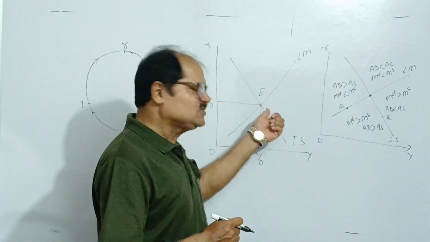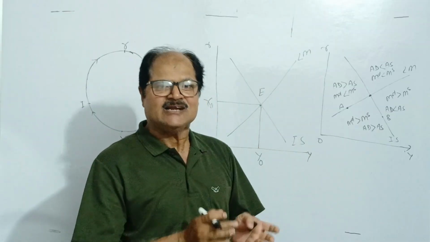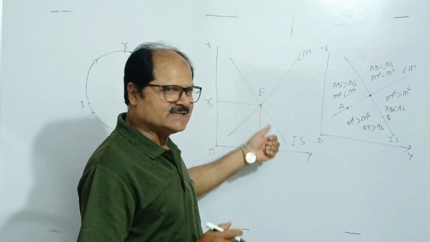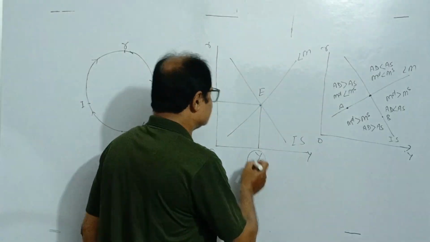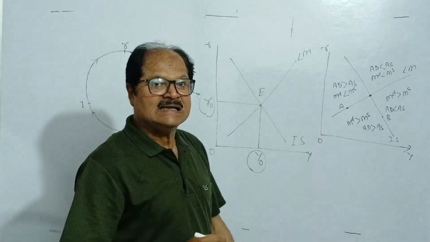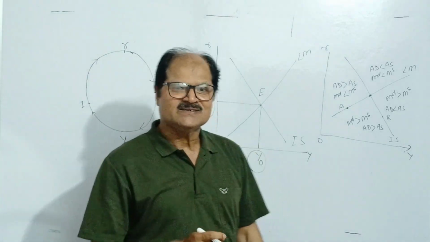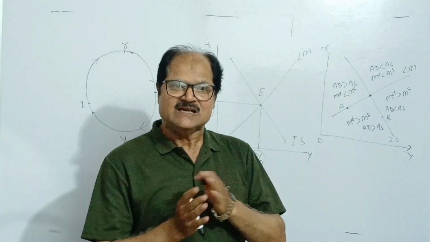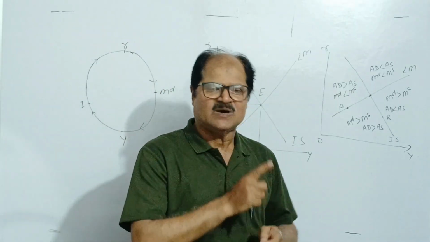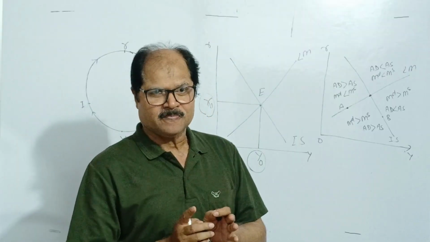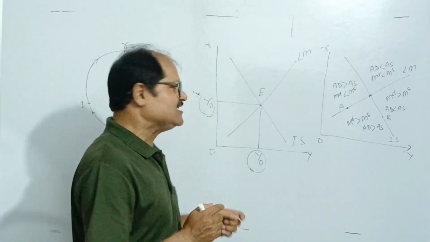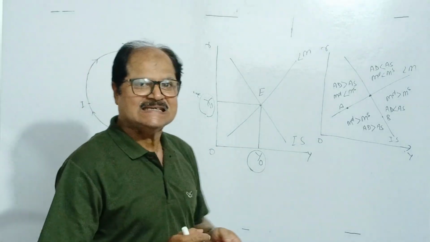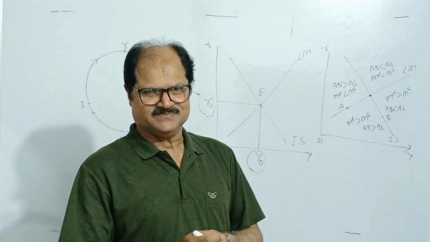So at this point, money market and goods market both are in equilibrium, and this point of intersection gives us a unique combination of income and rate of interest. It means it is the income and the rate of interest at which both money market and goods market will be in equilibrium. This was not achieved in Keynesian system, which suffered from the deficiency of circular reasoning.